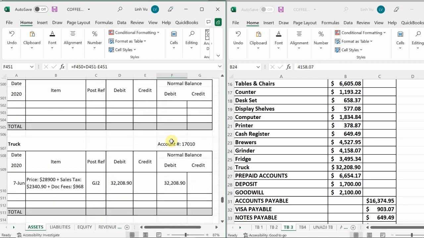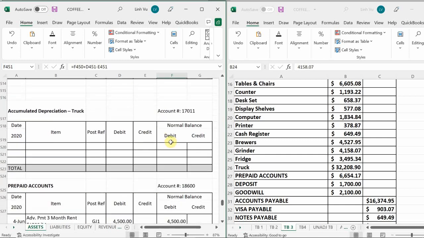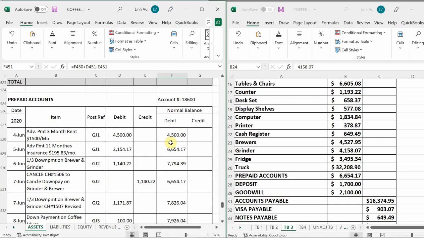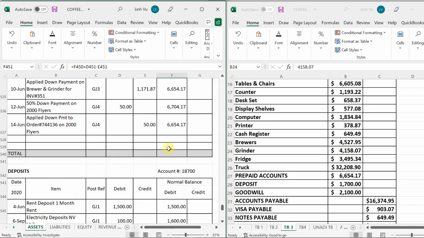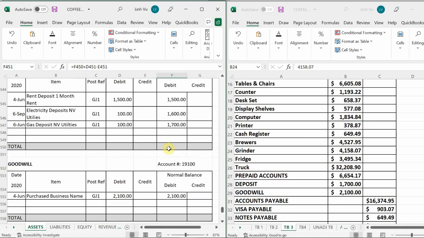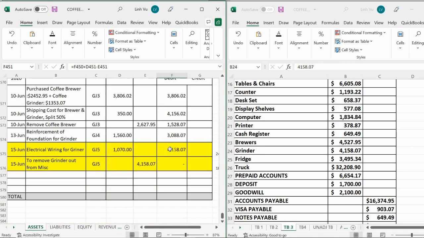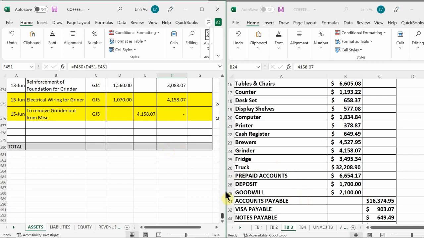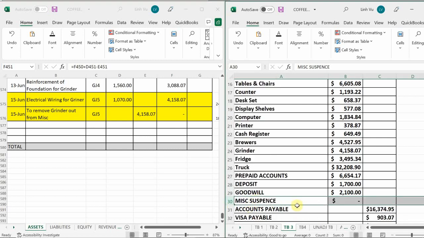My truck is $32,208.90. My prepaid accounts is at $6,654.17. Deposit $1,700. My Goodwill is at $2,100, and that's it, right? My miscellaneous expense account doesn't exist. So let me go ahead and bring that out just to make sure there's no value in that account. Okay? 0.